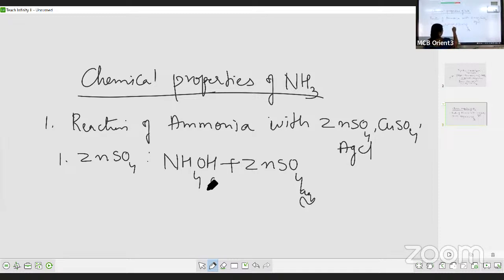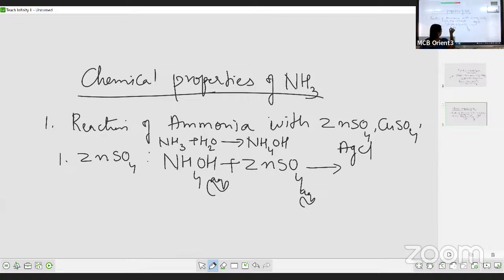Now, ammonium hydroxide, you are reacting with the zinc sulfate.